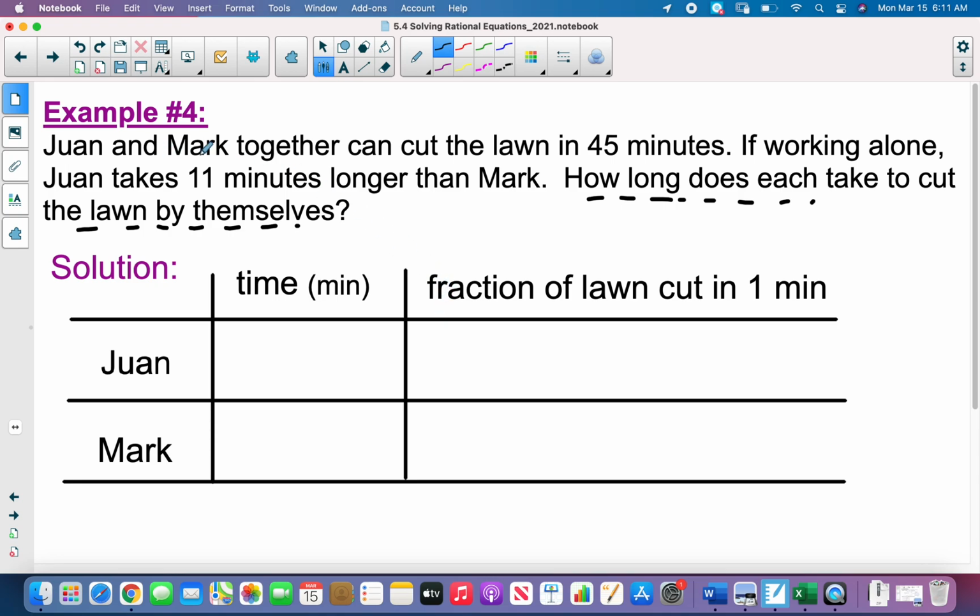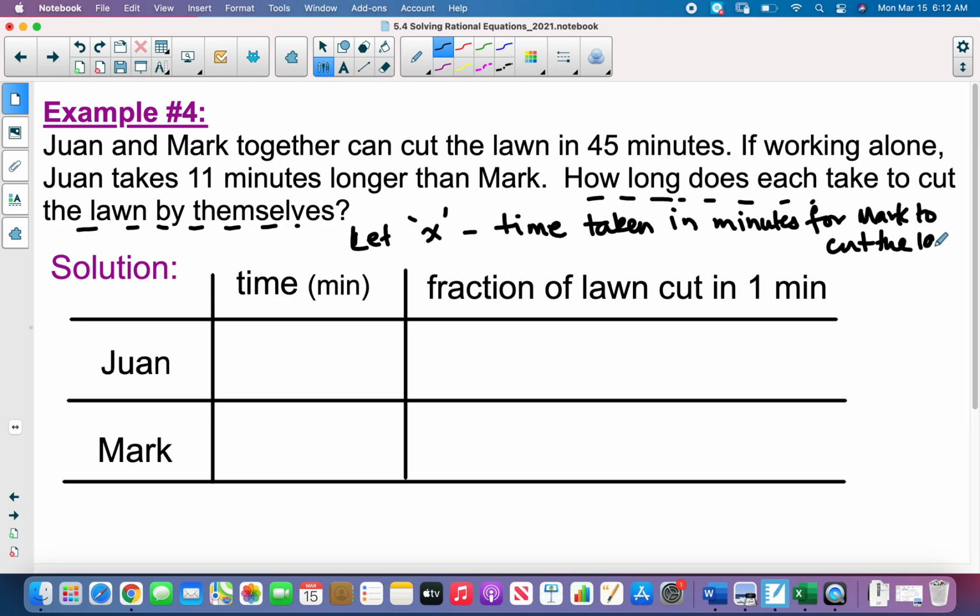And there's 2 people here. One is the time that Juan takes to cut the lawn by himself, and the other is how much time Mark takes. Since Juan takes 11 minutes longer than Mark, I'm going to define the variable in terms of Mark. Let x represent the time taken in minutes for Mark to cut the lawn.